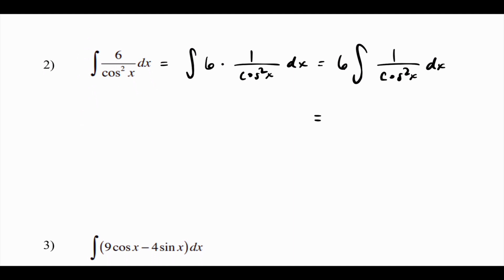What about 1 over cosine squared? Is that the equivalent of secant squared? That's secant squared, right? 1 over cosine is secant. So 1 over cosine squared is the same thing as secant squared. So essentially, it's this question here.